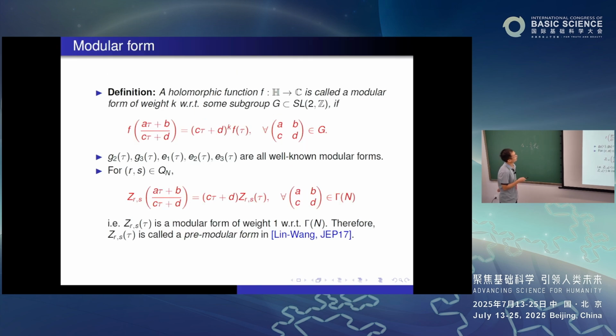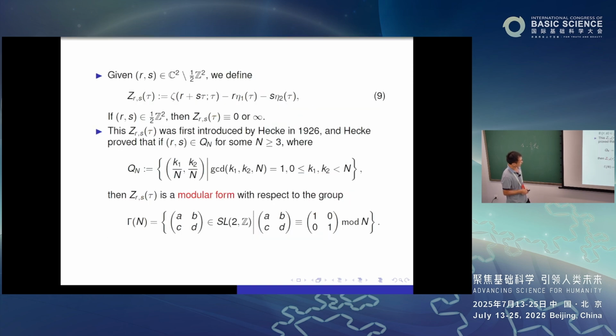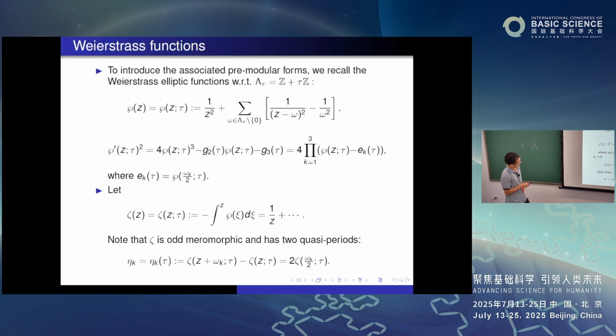Let's recall the definition of a modular form. A holomorphic function F defined on the upper half plane H is called a modular form of weight k with respect to some subgroup G if, considering the fractional linear transformation of tau by a matrix (a b; c d), we have this transformation. For example, in the cubic equation of the P function, here are g_2, g_3, and e_1, e_2, e_3.